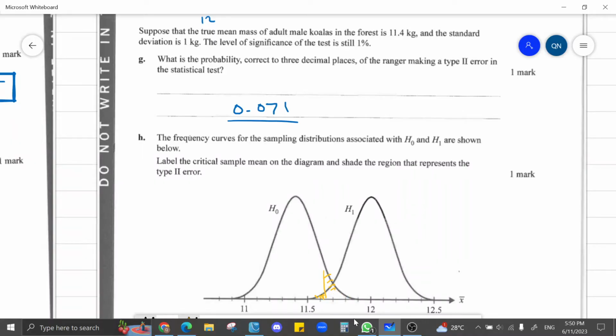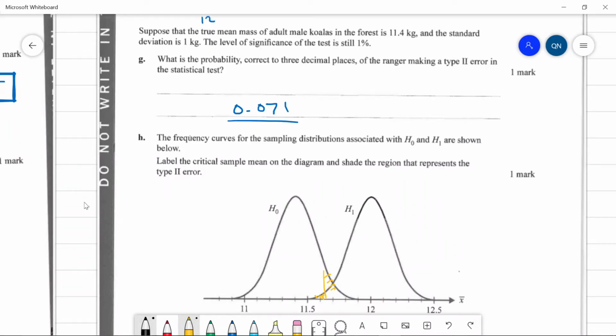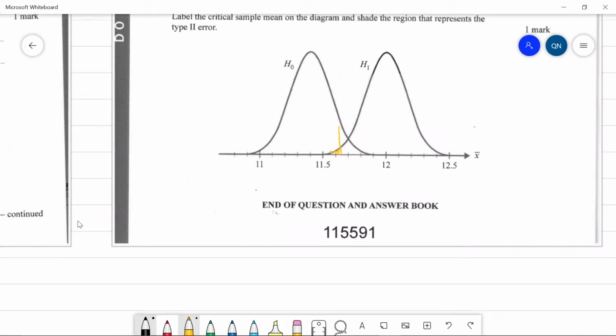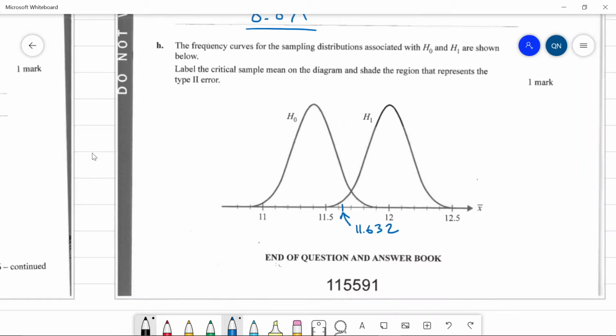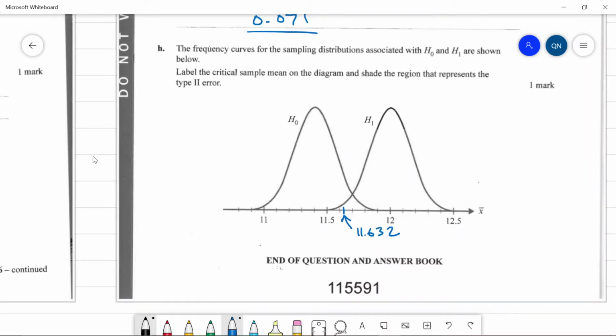What are we even doing? The frequency curves, label the critical sample mean on the diagram. So the critical sample mean is that 11.632, which is right over here. And shade the region that represents the type 2 error. So that's assuming... oh, one second.